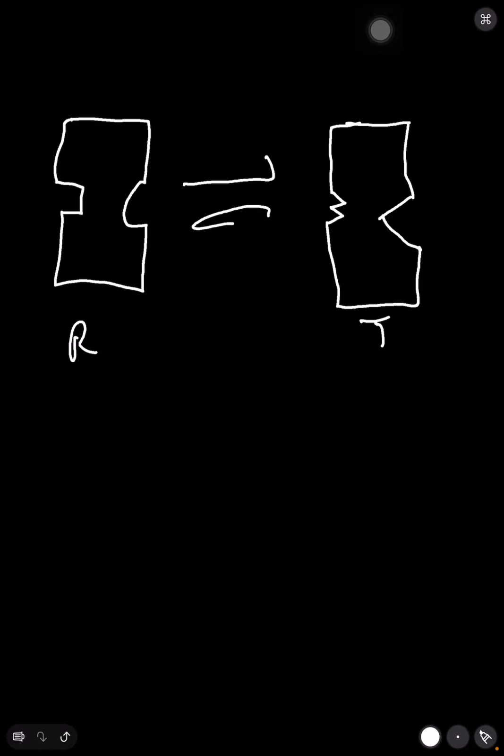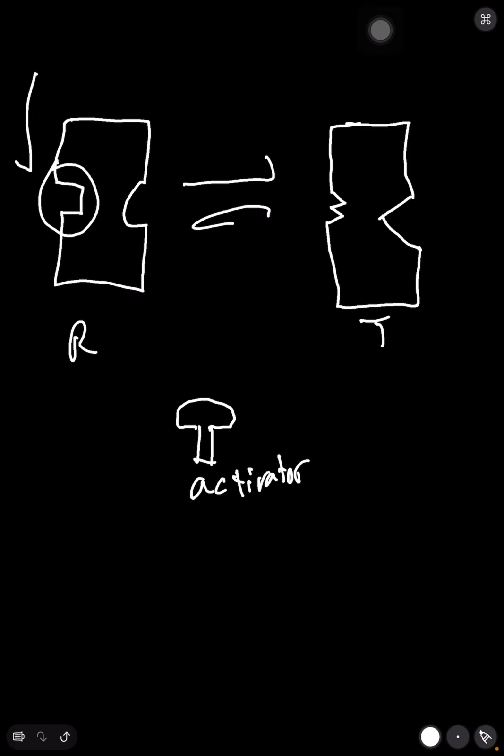Okay, so let's add an activator. This is going to be the active site for substrate. That's where the substrate binds in the R version, but we do have another place over here.